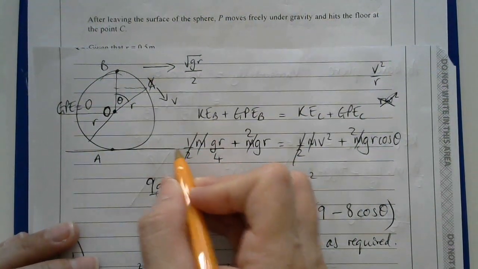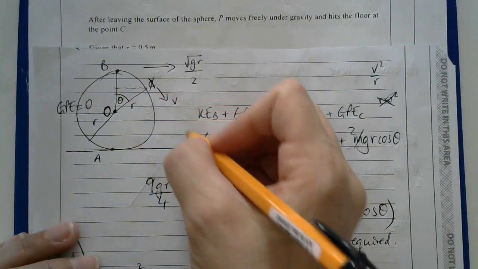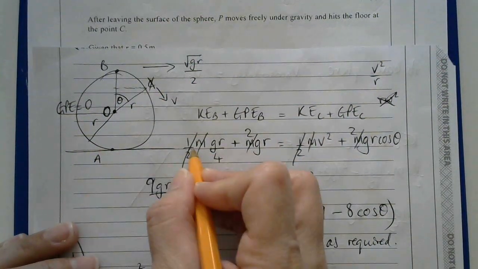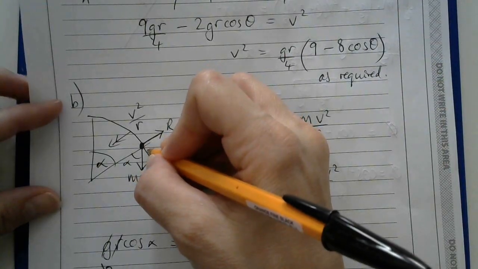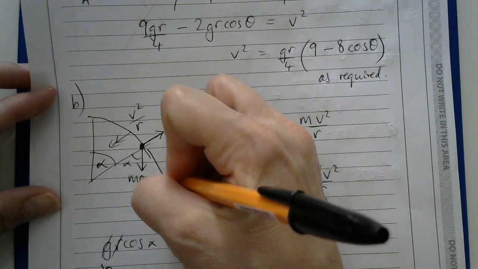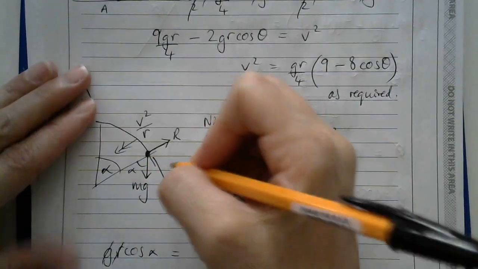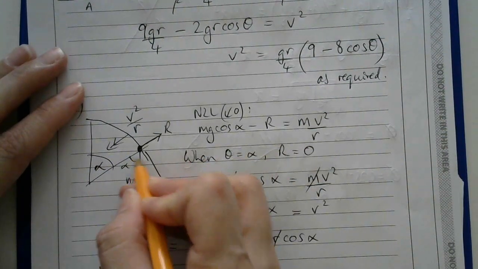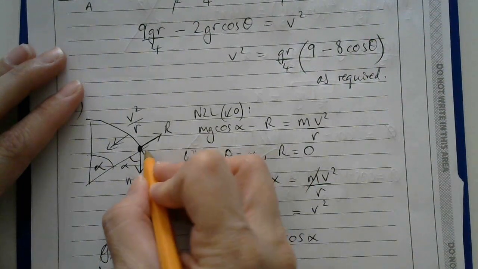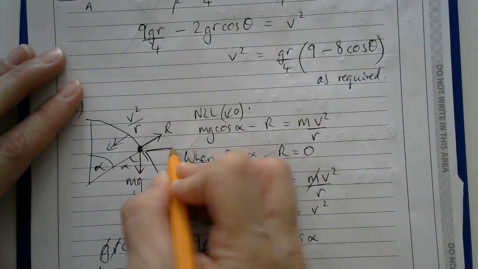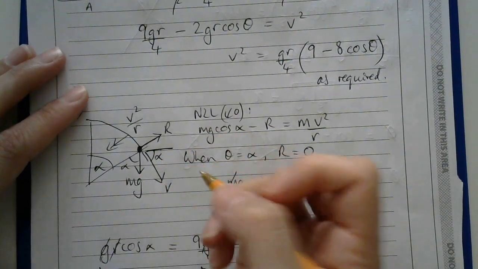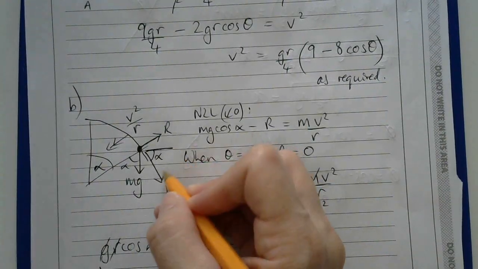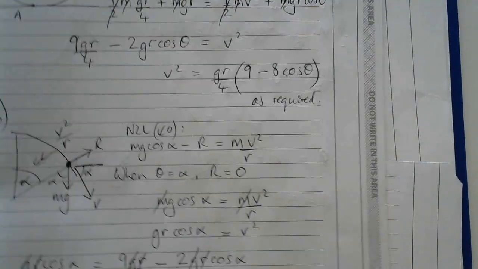So they're calling C where it leaves here, and what they want is the distance from A to C. As it leaves, the velocity is acting in this direction. Alpha and this angle add up to 90. If I draw in the horizontal, then this angle here is also alpha. So I can work out that the horizontal component is v cos alpha as it leaves the sphere.